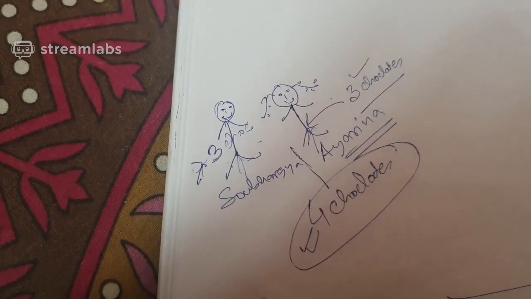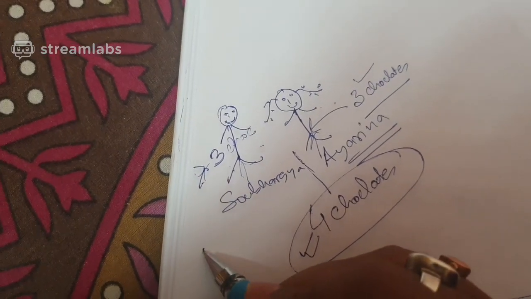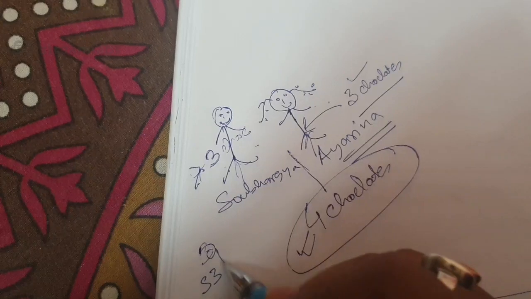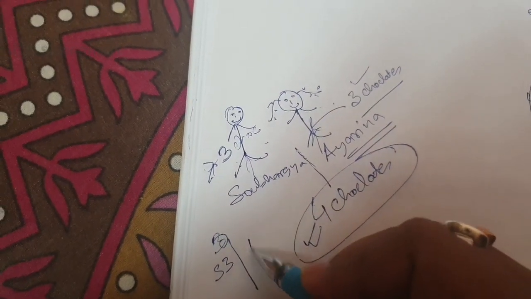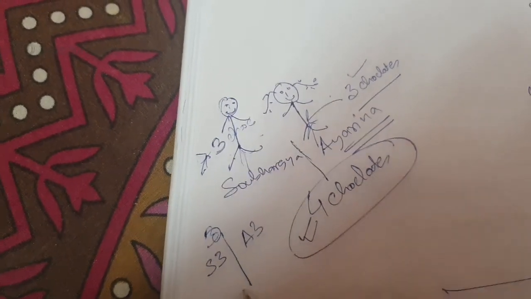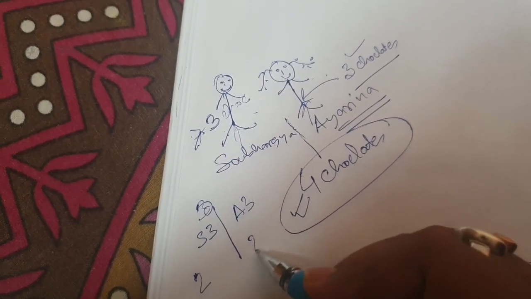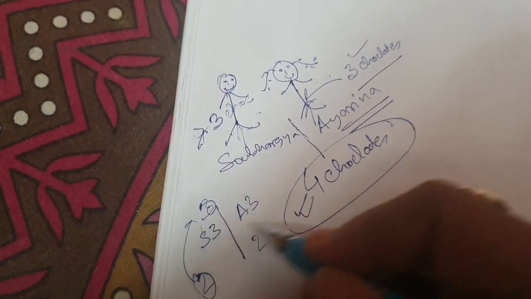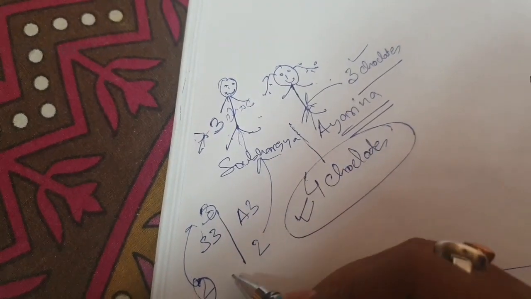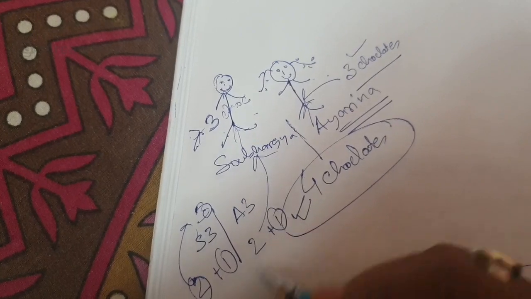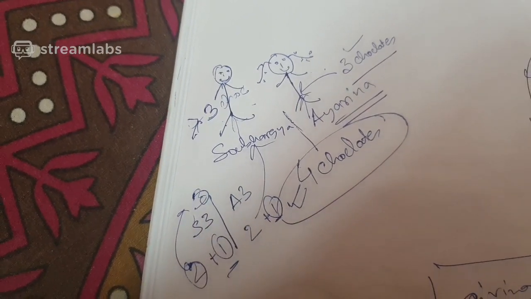Shobhargo's chocolates, let me write it S3, and Irina's chocolates, A3. Suppose Shobhargo decided that I will take 2 chocolates, and Irina decided I will take 2 chocolates. Now they are each left with 1 chocolate.